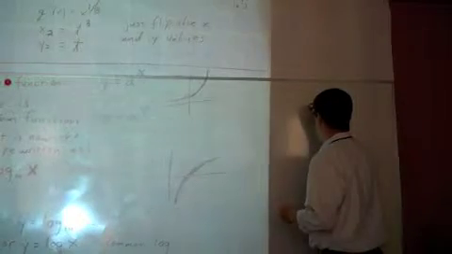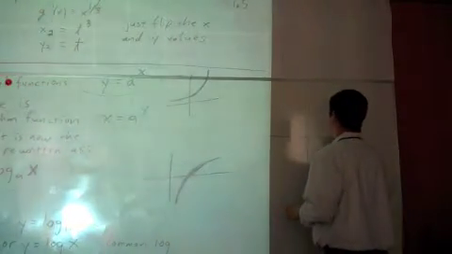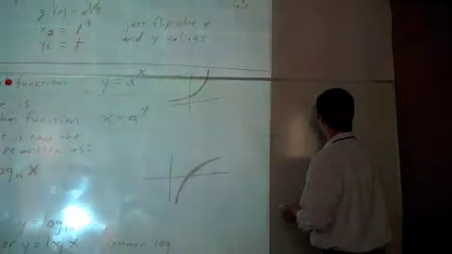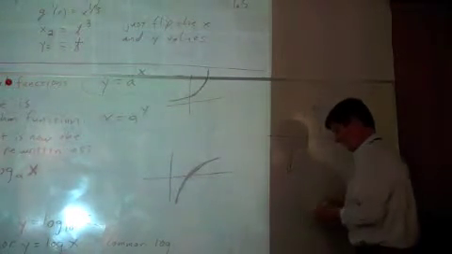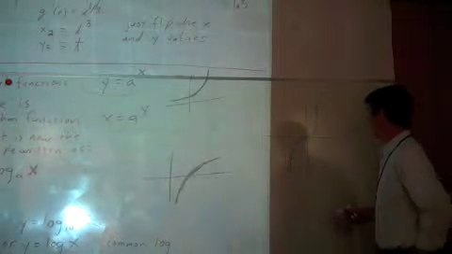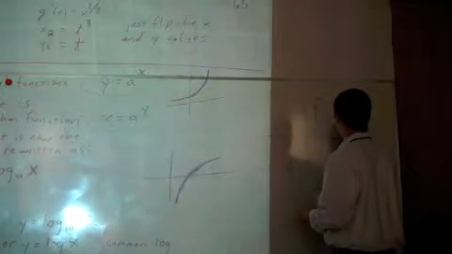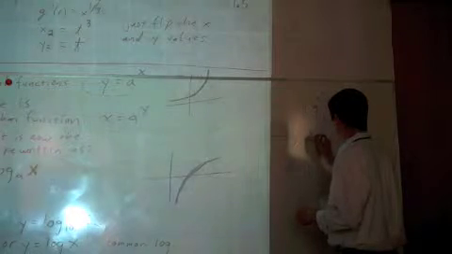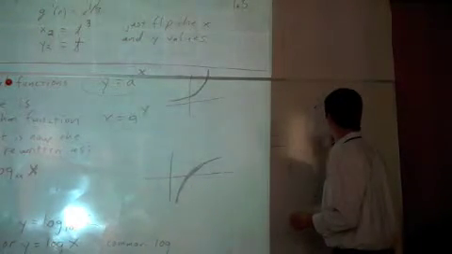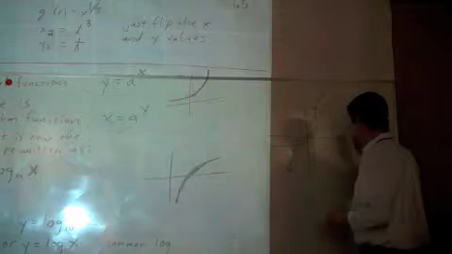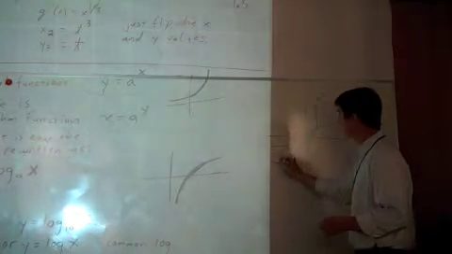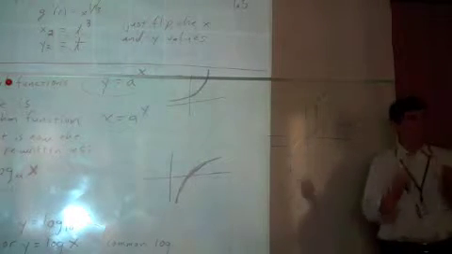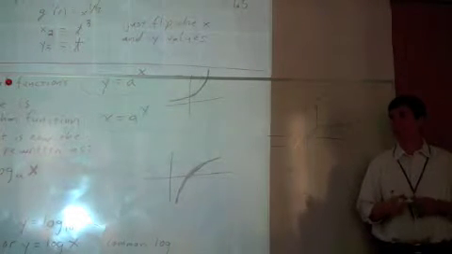Here's x cubed. If I wanted to graph x to the 1/3, it's going to look something like this. Graphically, all inverse functions are symmetric about the line y equals x. Since you literally flip your x's and y's, they're going to be symmetric about that line y equals x.